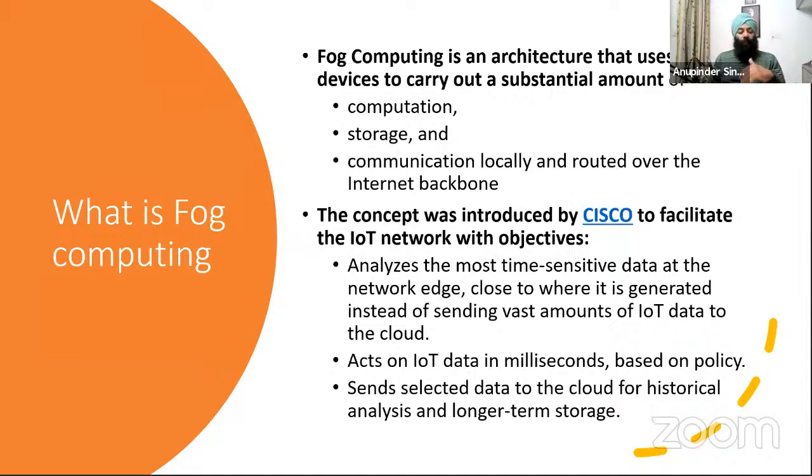The end devices are not going to send the request directly to the cloud. They are going to have some intermediary, which also has computation capability and some storage capability, maybe temporarily, but it can support that part.